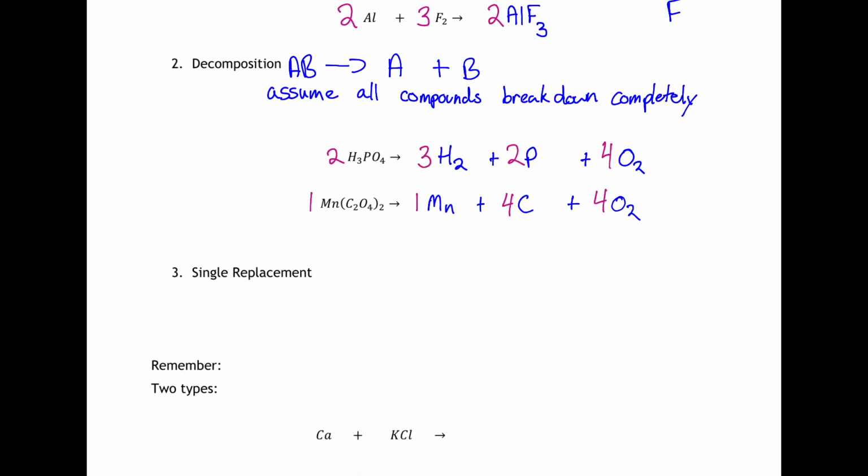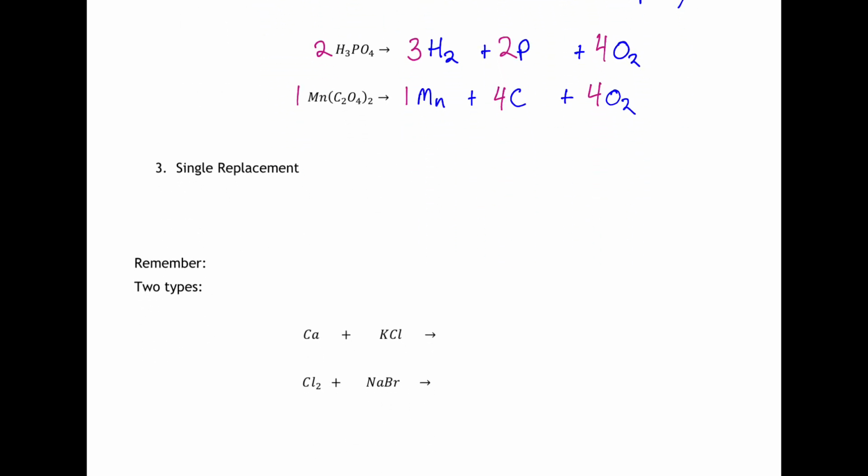Moving right along. Third one, single replacements. This is the dancing one I like. It doesn't matter. It's a trade. Let's do a few things here. We're going to do wrong colors. A plus BC makes B plus AC.